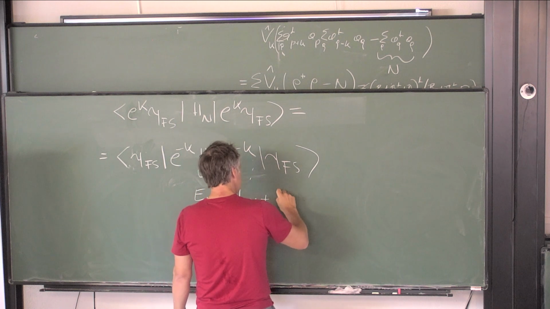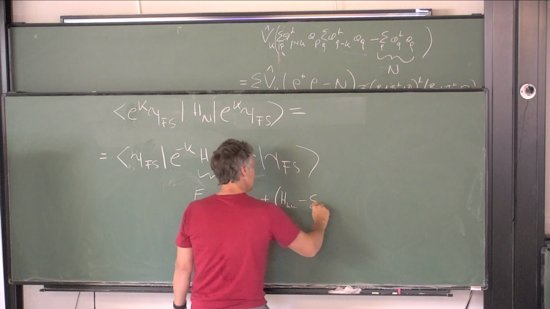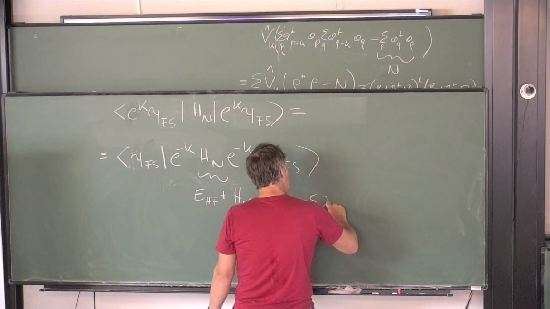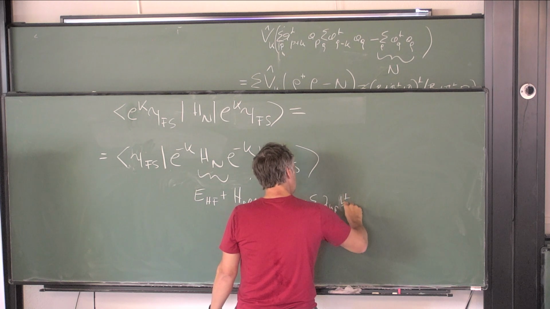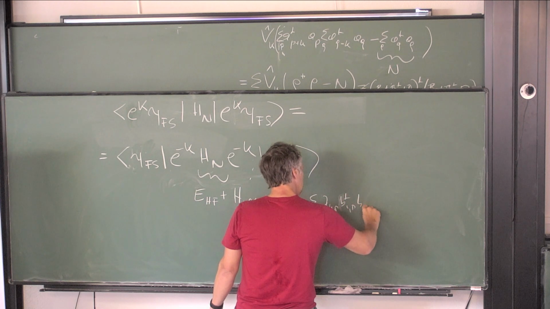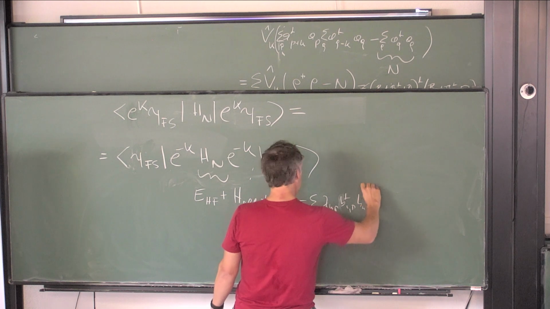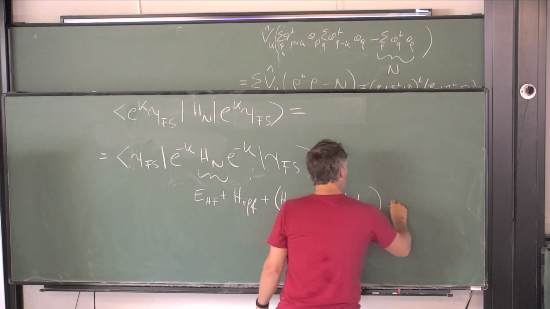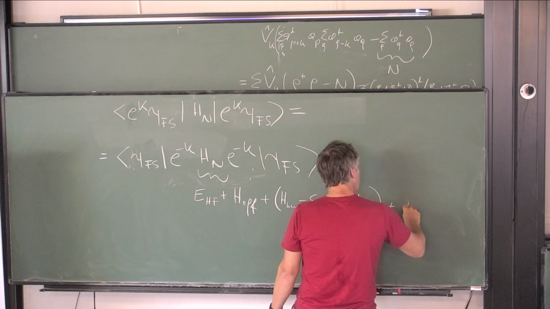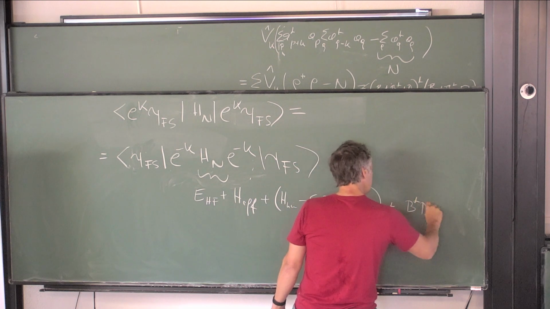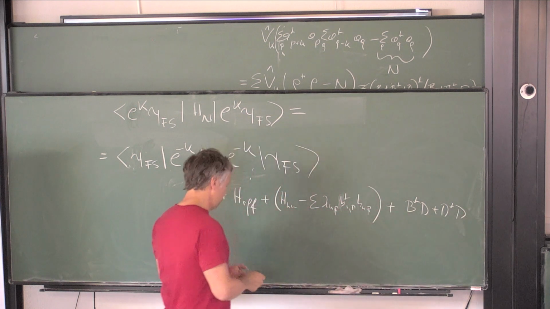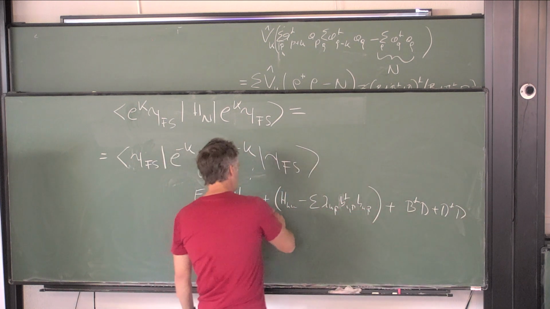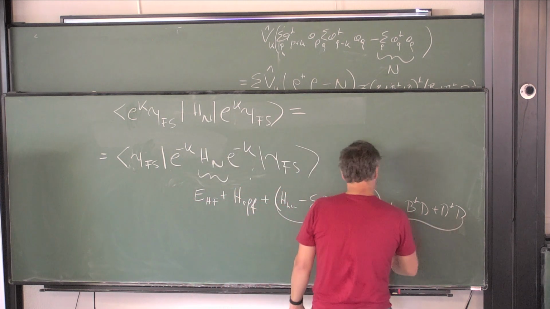Then of course it is the kinetic energy minus, when you basically replace it by this B star_{K,P} B_{K,P}. And of course you get as an error term what you get from B star D plus D star D. So now what one has to do is to show that all these things are error terms.